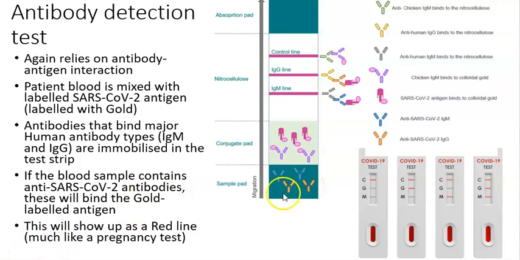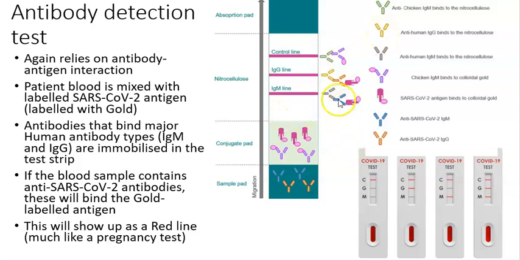So if you had an infection with SARS-CoV-2, you'll generate antibodies to either IgG, IgM, or possibly both. Now, this antibody, this is the IgG, will always bind to this immobilised antibody here. So that orange one is that orange one there, this yellow one is this one here, yellowish.